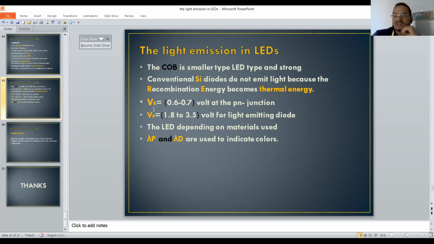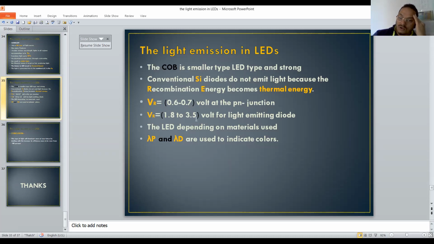The voltage potential barrier of a normal diode starts from 0.6 to 0.7 volt, but in the LED the situation is different: from 1.8 volts for the red color to 3.5 volts at last for the white color.